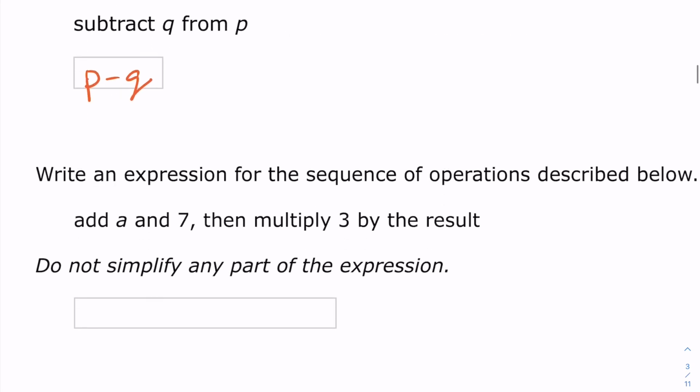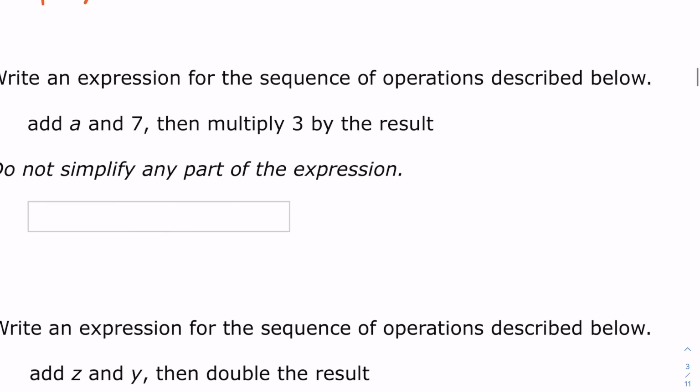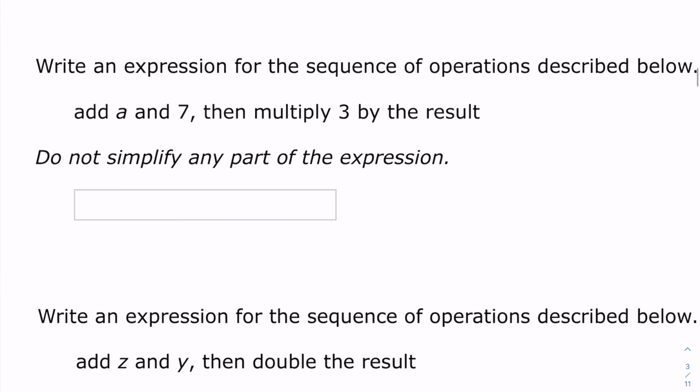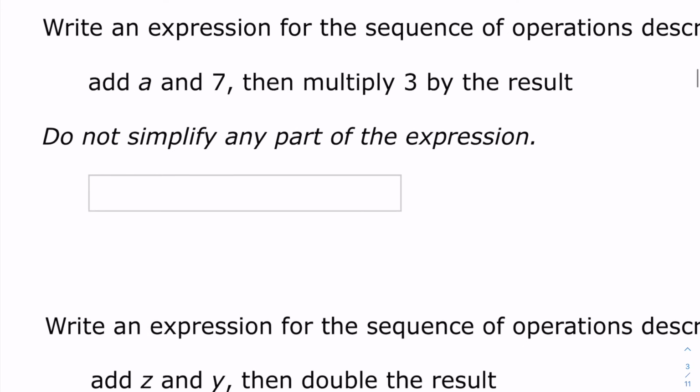The next one, write an expression for the sequence of operations described below. Add A and 7, and then multiply 3 by the result. So we're going to add A and 7 together. Whatever this result is, let's say A was 1, that would be 8. We would then multiply 3 by the result. So A and 7 are actually the result, and we're multiplying it by 3.